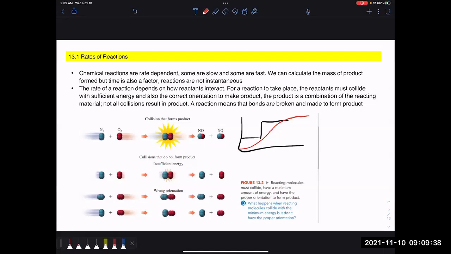And the rate of this reaction depends on how the reactants interact. This is also why solids don't react. You mix two solids together, the atoms don't really come into contact with each other, so they don't react. But you put them into a solution, and now they're moving freely around each other. They're able to react much more quickly.